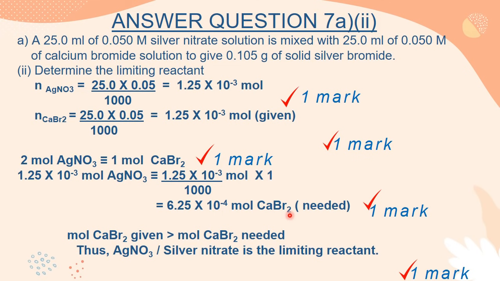So from here, we can see mole calcium bromide given is larger than mole of calcium bromide needed. Thus, limiting reactant is silver nitrate.